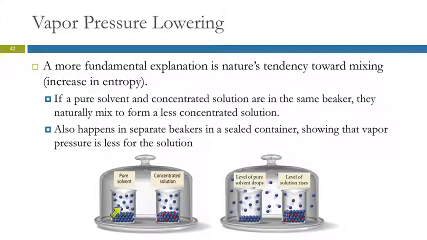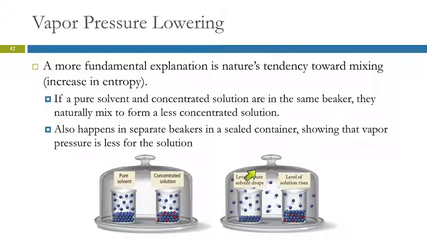But you've got these two solutions, and you have evaporation occurring, and you have condensation occurring. So both of them begin to evaporate, and you get a vapor pressure inside this container. The rate of evaporation on this one is lower because it has the solute in it.